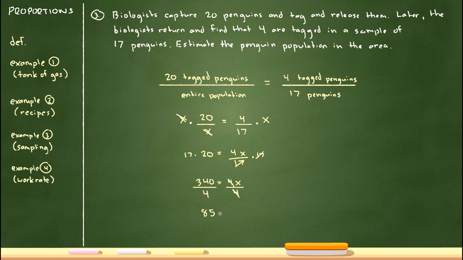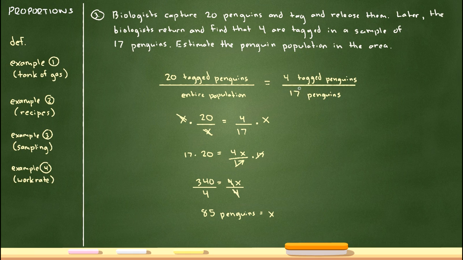So 85, and this would be penguins, is equal to x. So 85 is an estimation of how many penguins would be in the area. Because if we had 4 tagged penguins out of 17 that we caught, it's a little less than 25%.